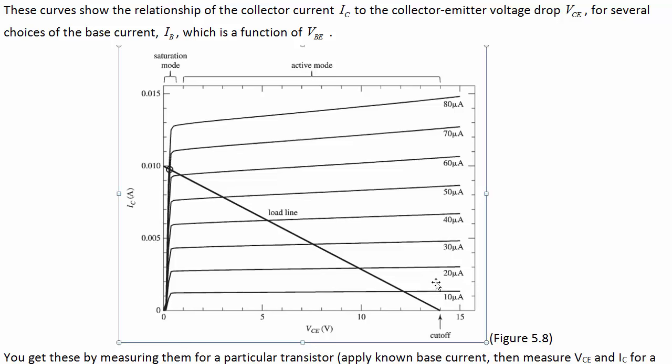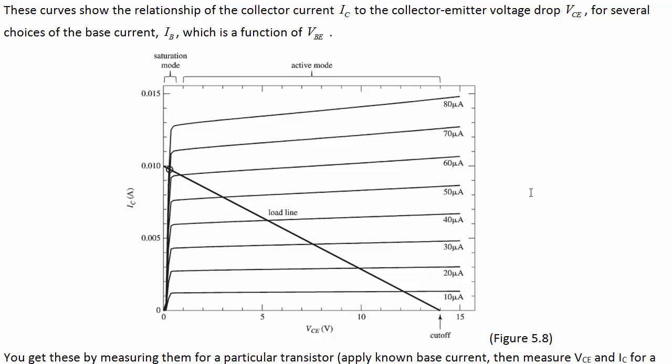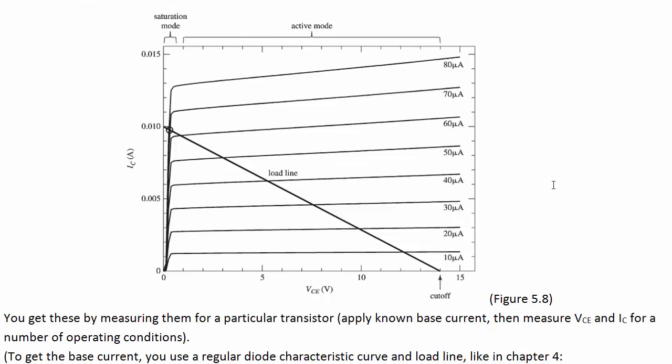And that's why increasing the base voltage, or really the base current, is going to push you towards the saturation mode and out of this active mode region where the collector emitter voltage doesn't increase the current in the collector very much. How would you get these curves? You'd have to either find them experimentally, or you'd have to get them from a data sheet of your particular transistor if you're lucky.